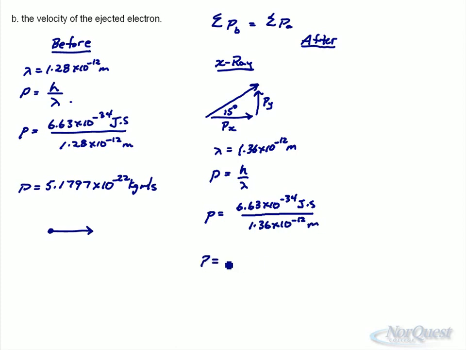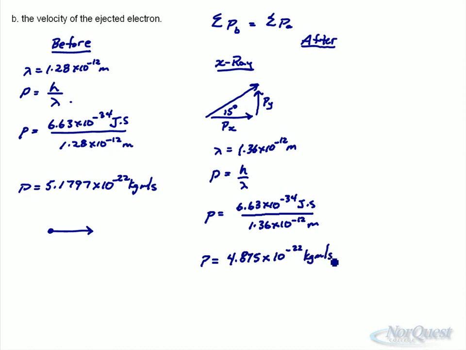So the resulting momentum turns out to be 4.875 times 10 to the negative 22 kilogram meters per second.